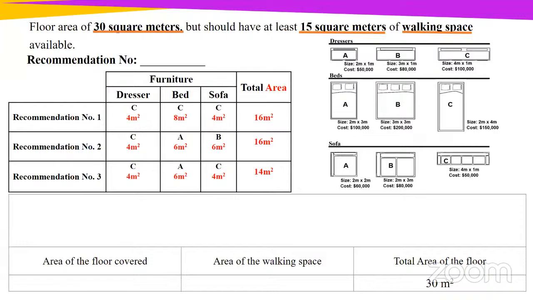What about recommendation 2? Do you think recommendation 2 would give us at least 15 square meters of walking space? No, Miss, it's still 14. It is still 14. All right, good. Let's see, what about recommendation 3 then? Would it give us the available walking space needed?